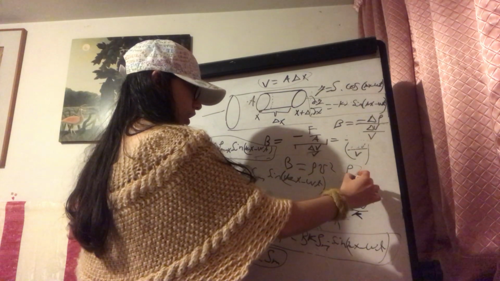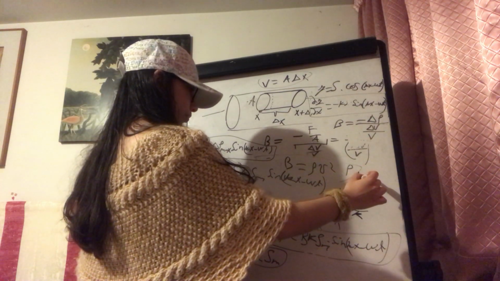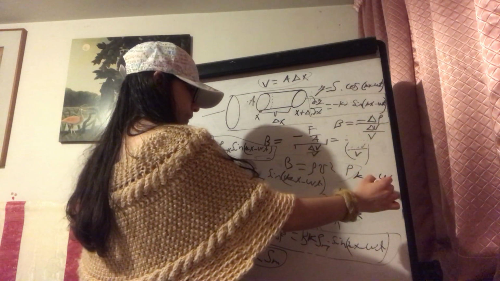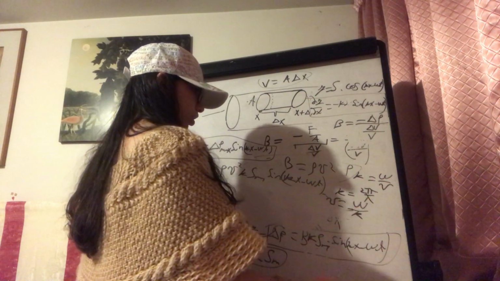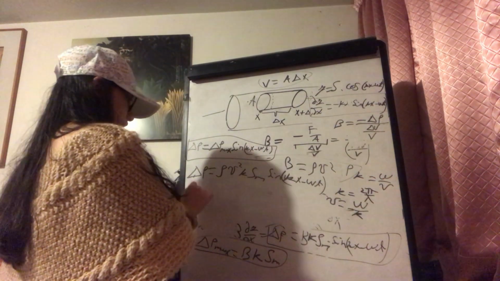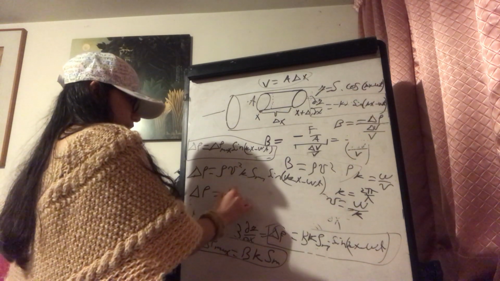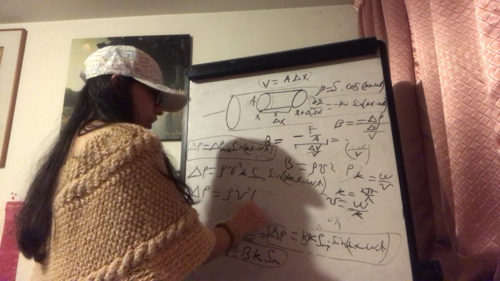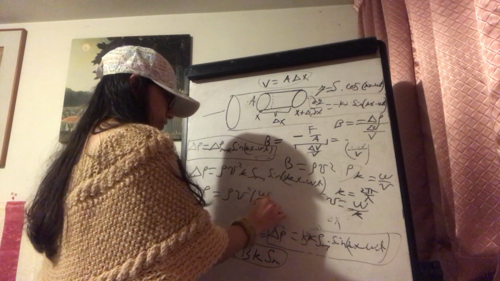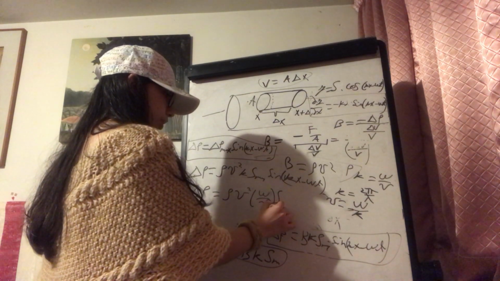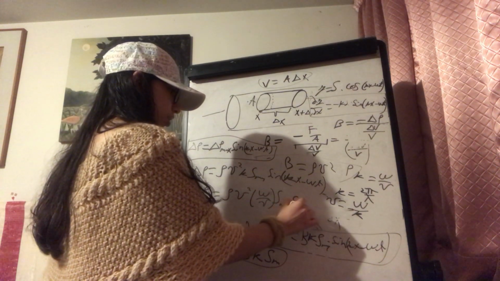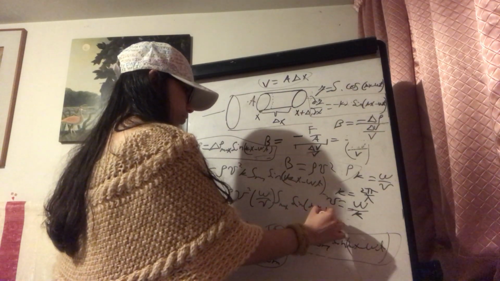So k is equal to omega divided by velocity, and so the change in pressure is equal to density times velocity squared times omega divided by velocity times the maximum amplitude times sine of kx minus omega t.